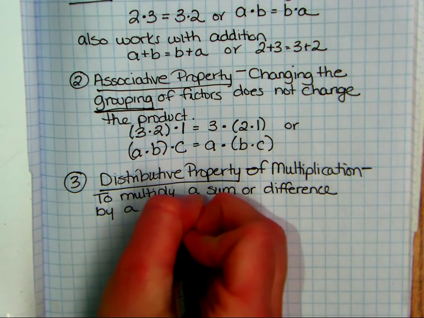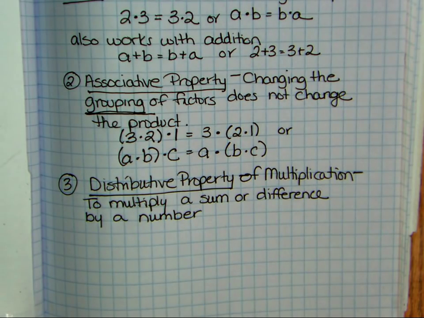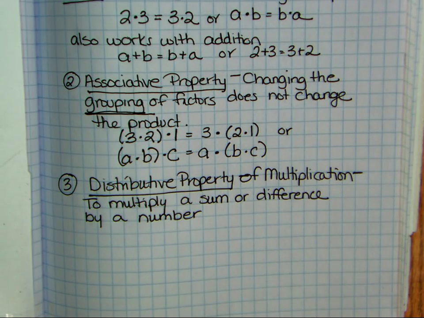When I say multiplying a sum or difference, I'm talking about an expression or a part of an expression that is inside of parentheses. So I've either added or subtracted within parentheses, and now I'm going to multiply what was in that parentheses times another number or variable.